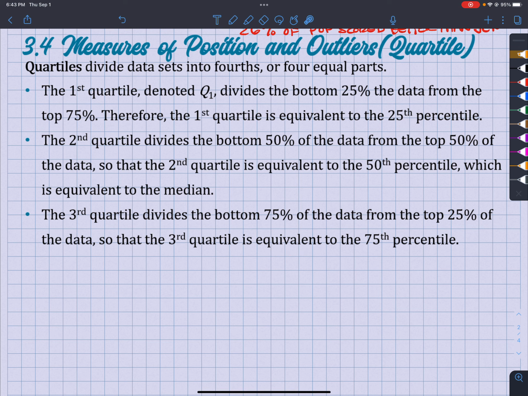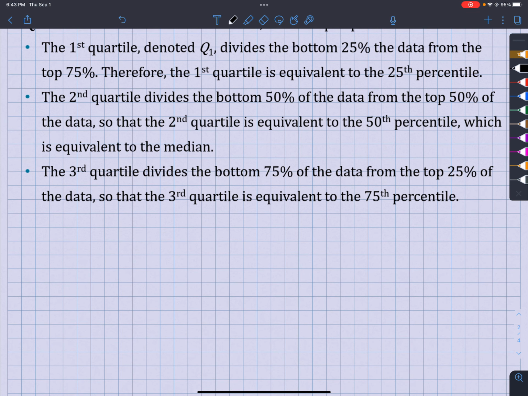All right. So in order for us to do this, what we want to do is cut it in half first. So let's go ahead and jump into an example. One of the examples we did back in the day was where we had 10 scores in the class.